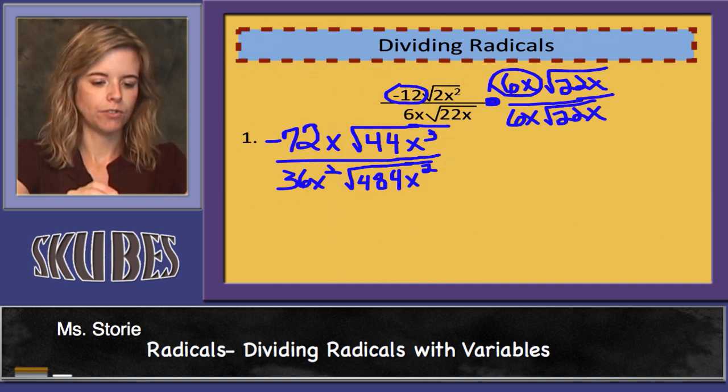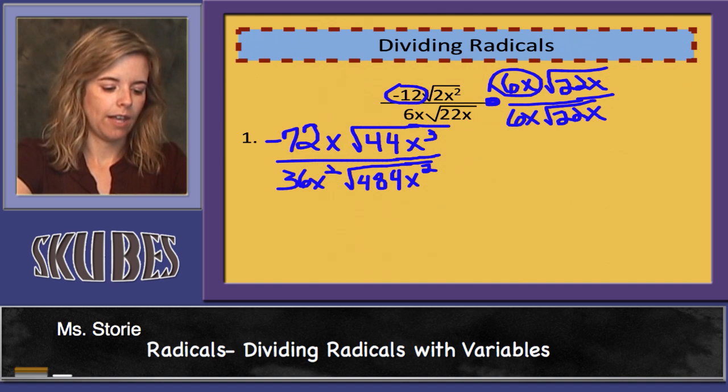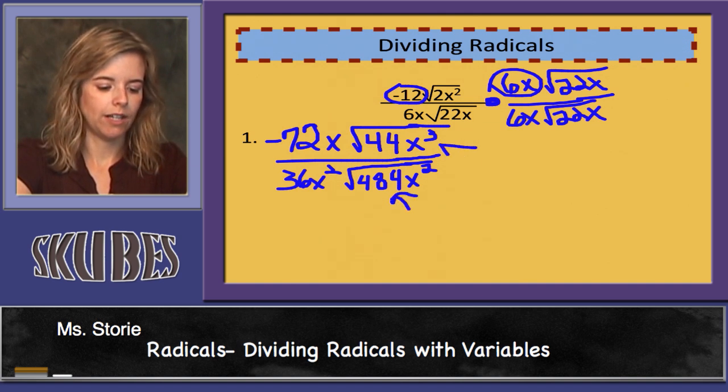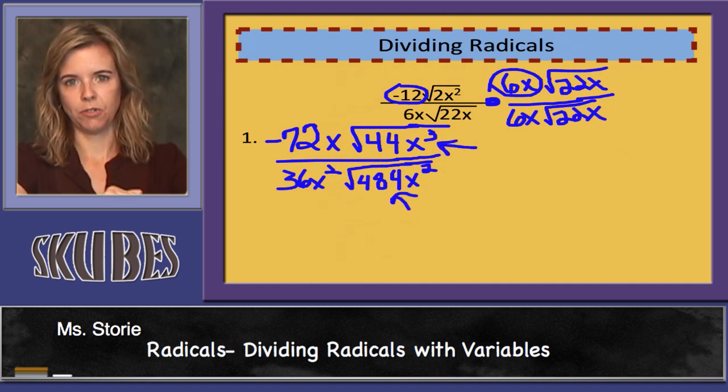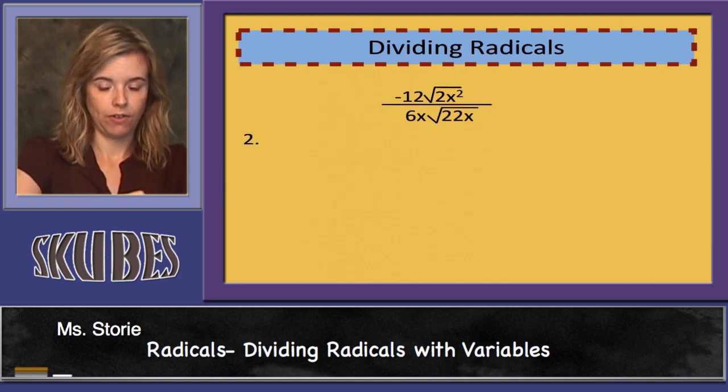Now, for step 2, we are going to go ahead and reduce where we can or simplify where we can. Turns out that these are not fully simplified, obviously, because we multiplied numbers to create them. So we're going to have to simplify them out.